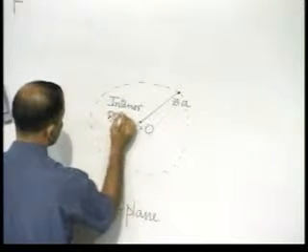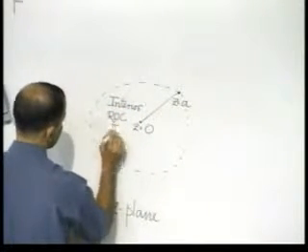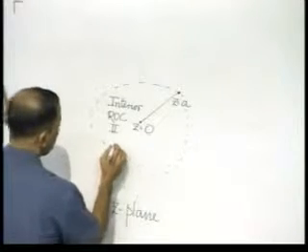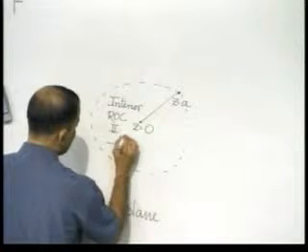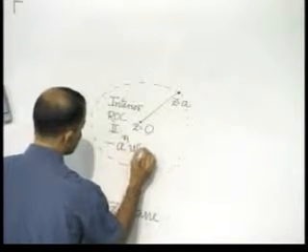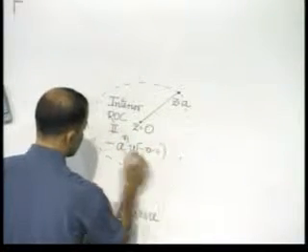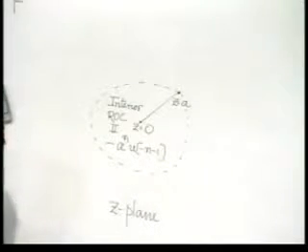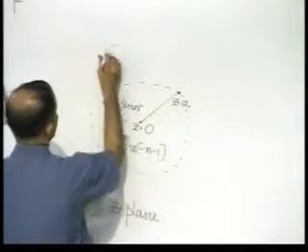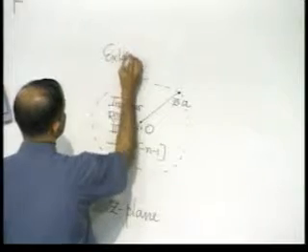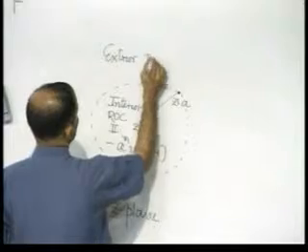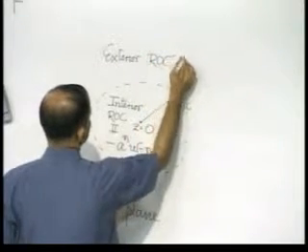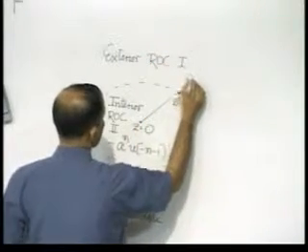So interior, ROC, let's call it ROC2. And remember, this corresponds to the sequence minus a raised to the power n u minus n minus 1. And exterior ROC, ROC1, corresponds to the sequence a raised to the power of n u n.